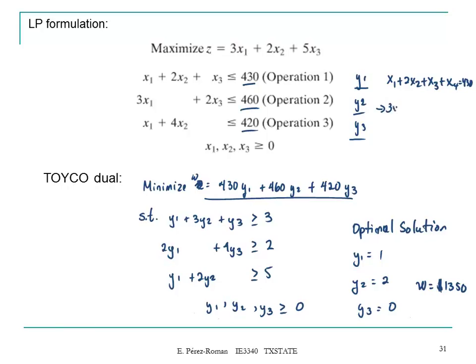Then you have 3x1 plus 0 plus 2x3, and then you need to add some extra constraints here.